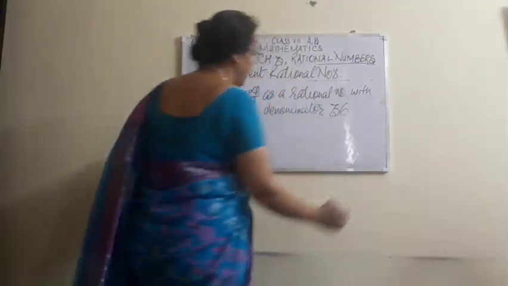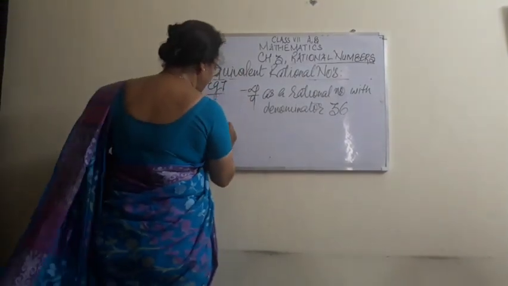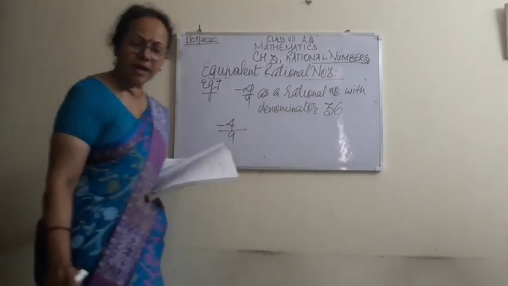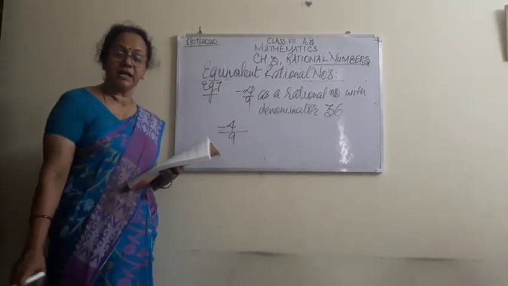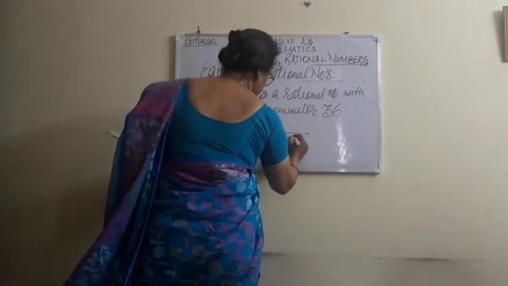So we will make the denominator 36. Its denominator is 9. We want to make its denominator 36. By which number do we have to multiply 9 to make the denominator 36?